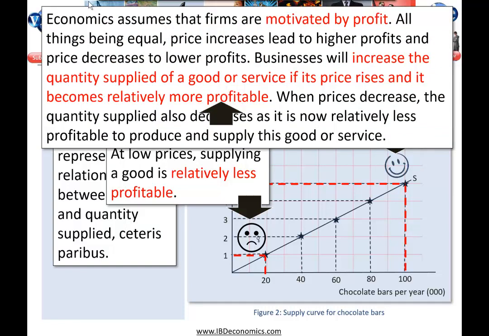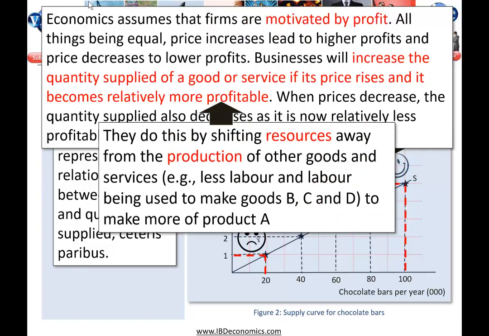Now, this is because economics assumes that firms are motivated by profit. All things being equal, price increases lead to higher profits. Price decreases lead to lower profits. And we are assuming everything remains equal when we look at the price changes. Businesses are going to increase the quantity of supply for a good or service if the price increases and it becomes relatively more profitable. And they're going to do this, supply more, by shifting resources away from the production of other goods and services.